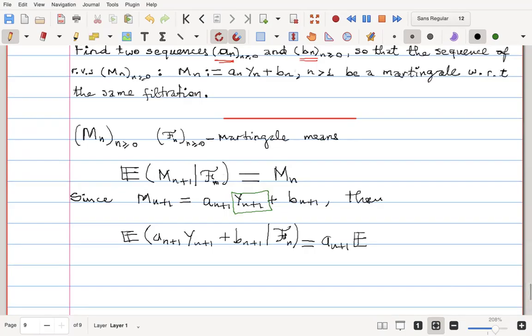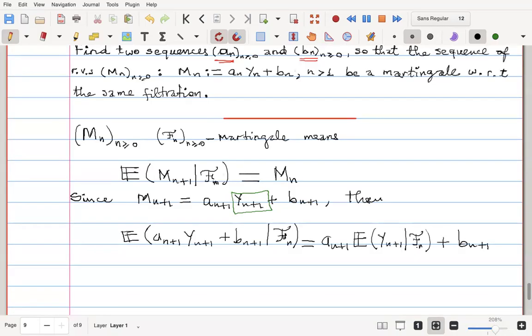Obviously, here we have the conditional expectation of Y_{n+1} given F_n, plus b_{n+1}. This is also deterministic. So when we write that, this is what we get.